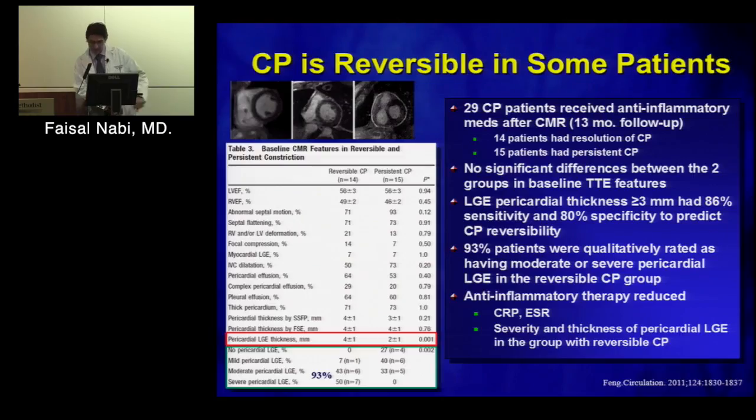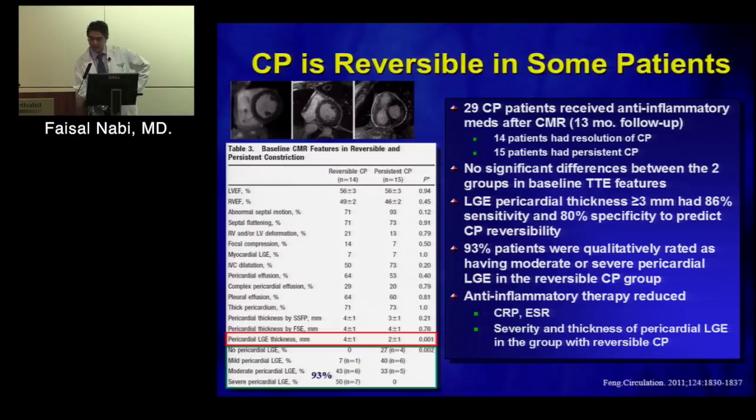And this was another study, also very interesting. These were 29 patients with constrictive pericarditis. They all received anti-inflammatory meds after CMR and were followed to see how they would do. What they found was that late gadolinium enhancement in a thickened pericardium identified, with 86% sensitivity and 80% specificity, the ability to predict constrictive physiology. 93% of those patients found to have LGE were all in the reversible constrictive pericarditis group.